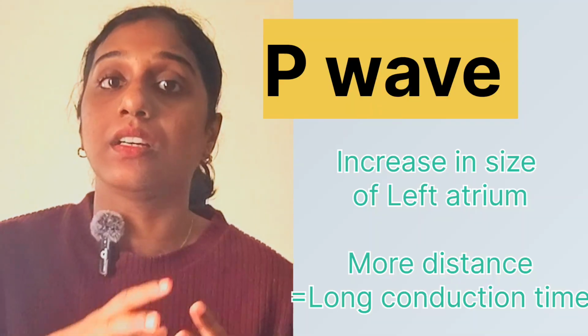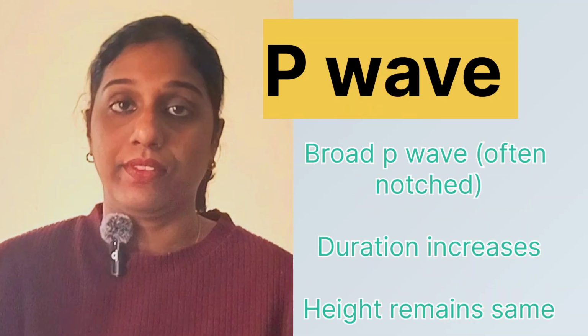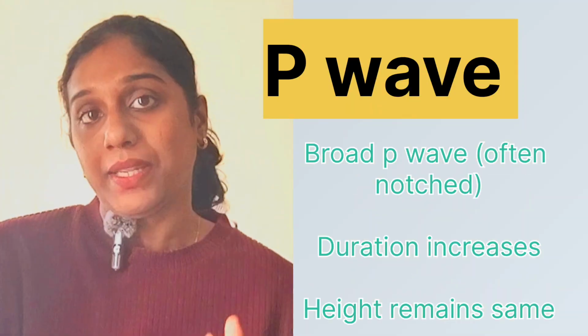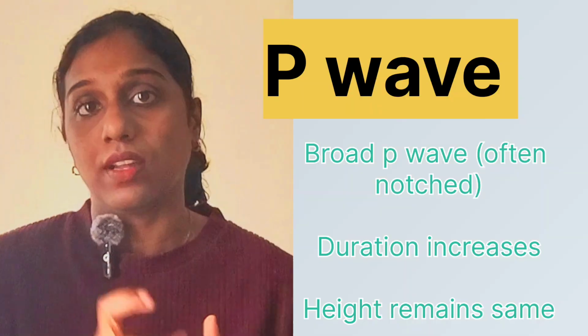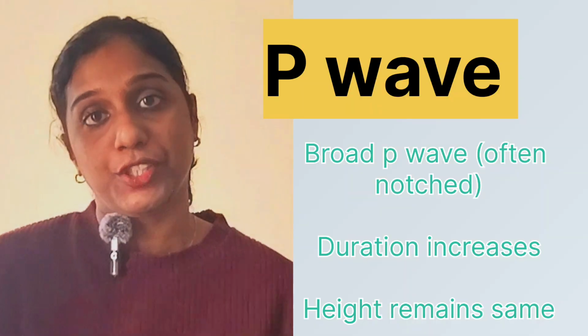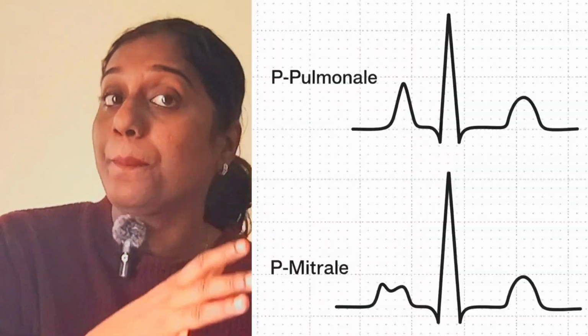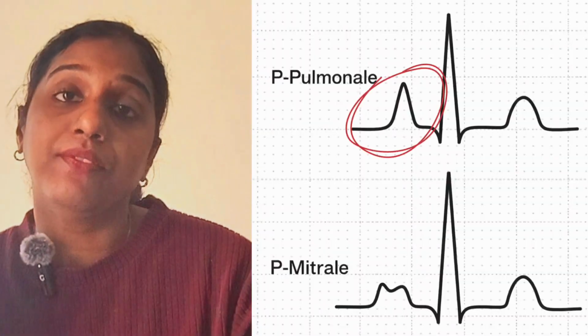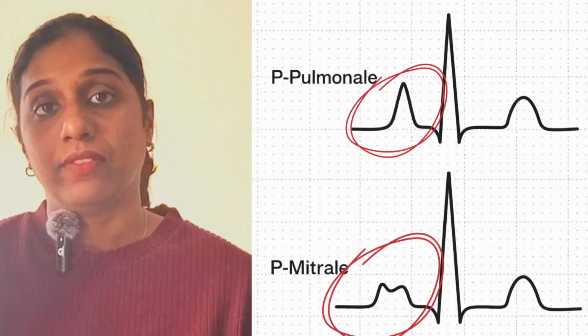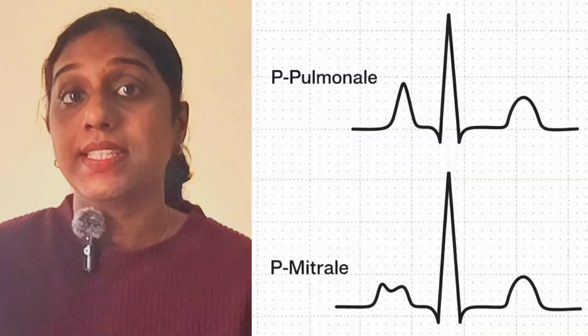So we will get a broad P wave; the height remains the same, the duration is longer. So in right atrial enlargement we will get a tall P wave and in left atrial enlargement we will get a broad P wave, and the P wave is absent in case of atrial fibrillation.